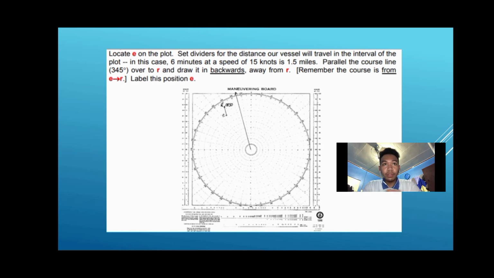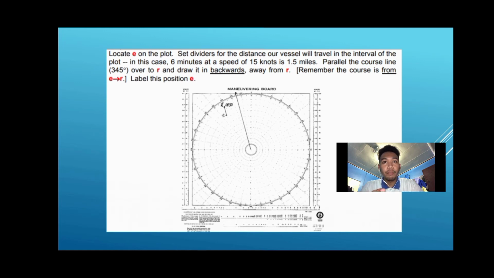In plotting the E, we must parallel the course line, which is 345 degrees. After that we will drag this into the R. 6 minutes at a speed of 15 knots is equivalent to 1.5 miles.